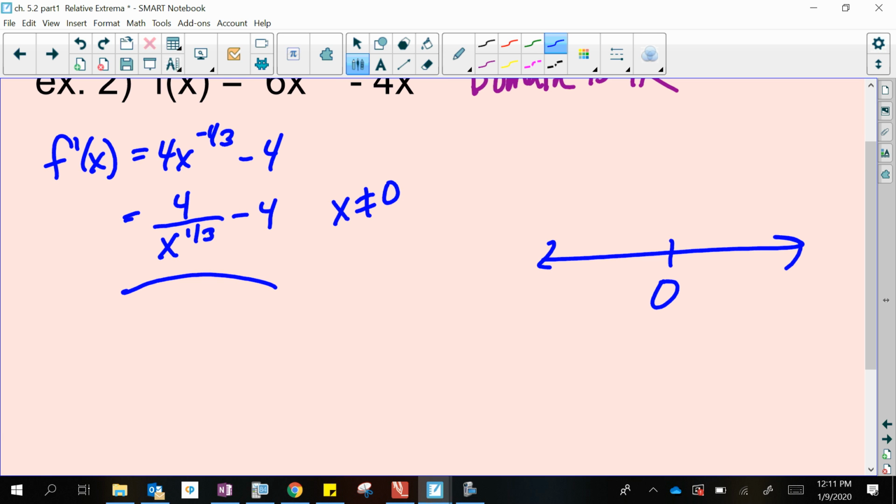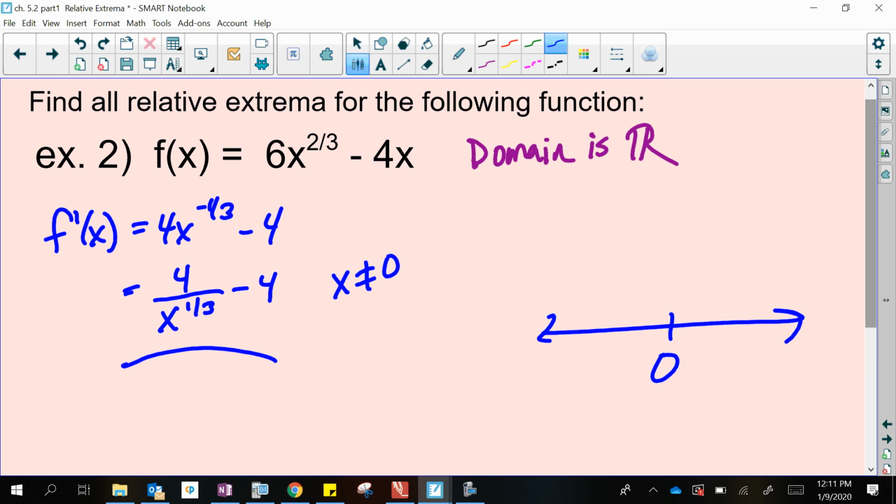Mary Grace? Well, no, the reason is because 0 is okay in the original function, okay, right? Because everything was okay in the original function, but it's not okay in the derivative. So we add it to our number line.